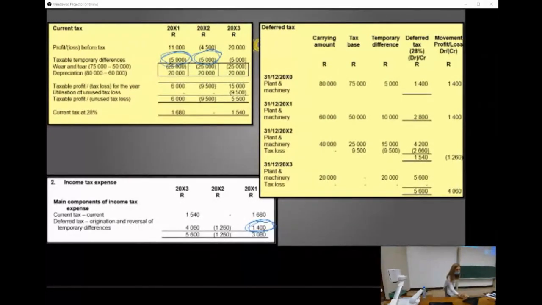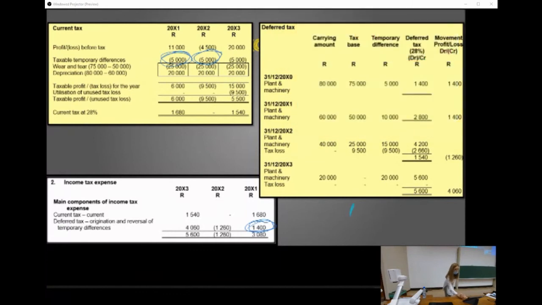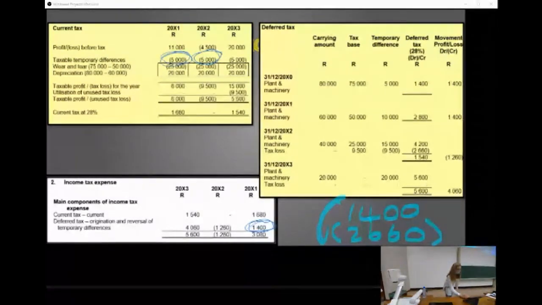But remember that this 1,260 income actually consists of the 1,400 less the 2,660, giving me the 1,260. So this 5,000 times 28% is the 1,400, but then we also have the additional tax loss that creates that difference.